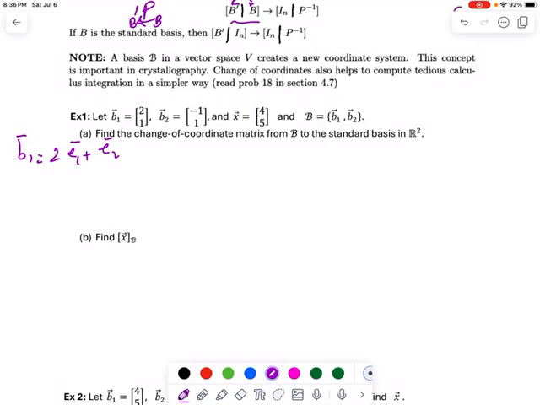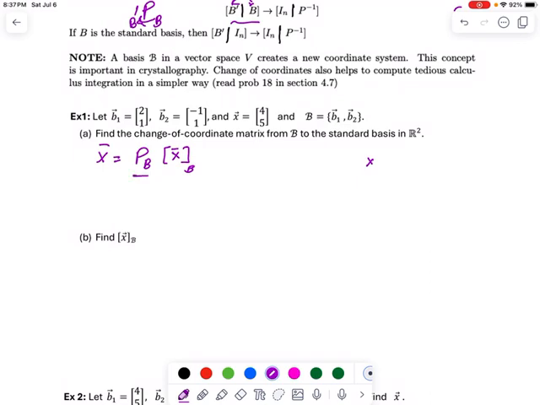Okay, so here it says find the change of coordinate matrix from B to the standard basis. Remember, from B to the standard basis, we had the situation that X is equal to P_B times X_B.